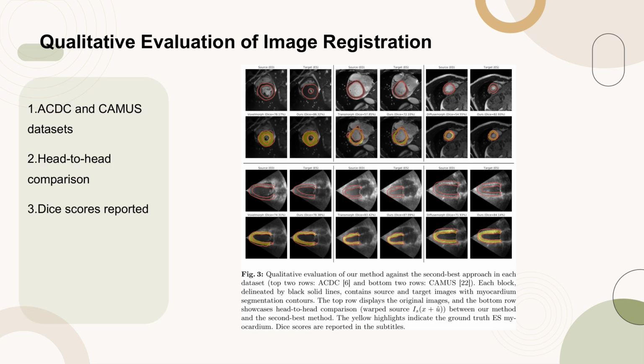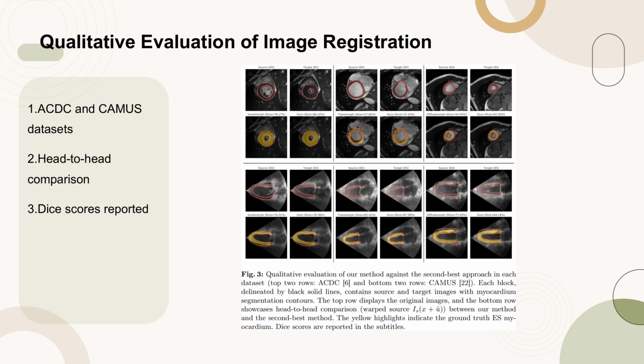Figure 3 presents a qualitative evaluation of our image registration method against the second-best approach in each dataset. The top 2 rows show results from the ACDC dataset, while the bottom 2 rows display results from the CAMUS dataset. Each block, delineated by black solid lines, contains source and target images with myocardium segmentation contours.